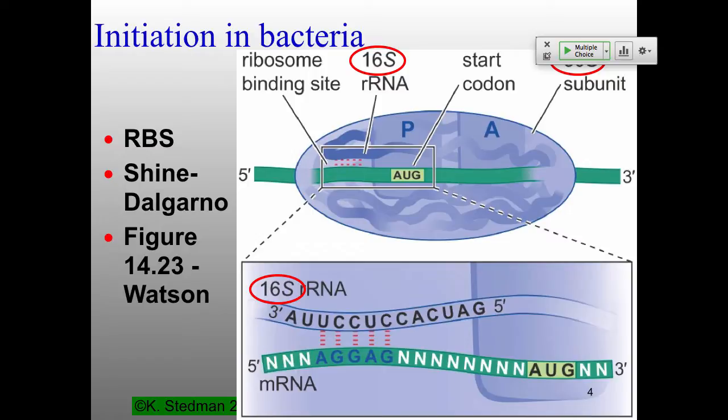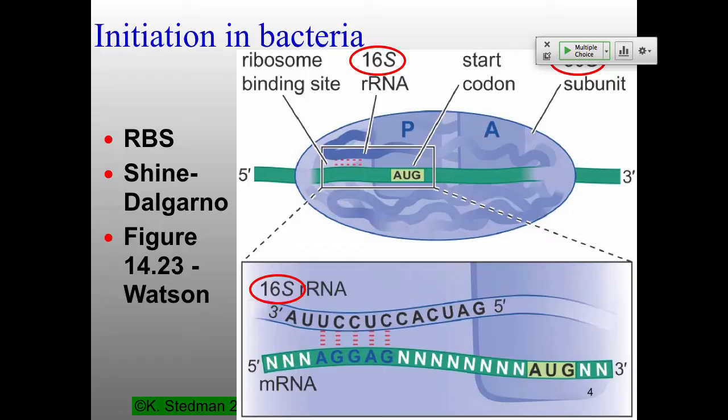Bacteria are really quite straightforward. This is wonderful because, as we all remember, most of the ribosome is made up of what? RNA. A few extra proteins hanging out there, but it's almost all about the RNA. What does RNA love to do? Just like DNA does, base pair.